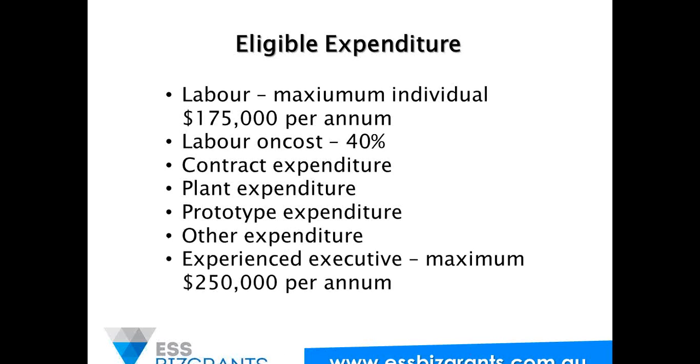Many of the applicants that you will come across in accelerating commercialisation might be great inventors or people very good at conceptualizing ideas, but their ability to manage a business can be suspect. And for that reason, the government has included this category of an experienced executive.